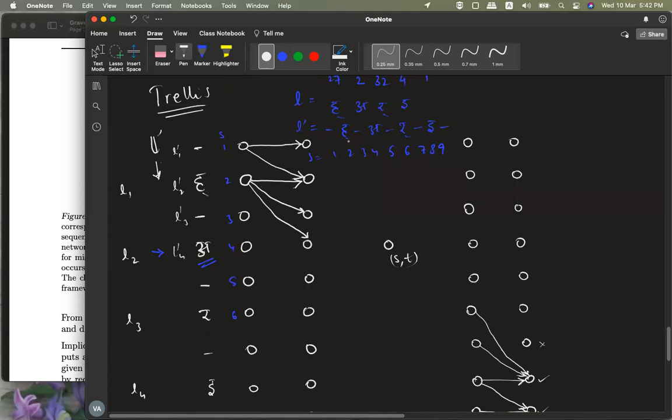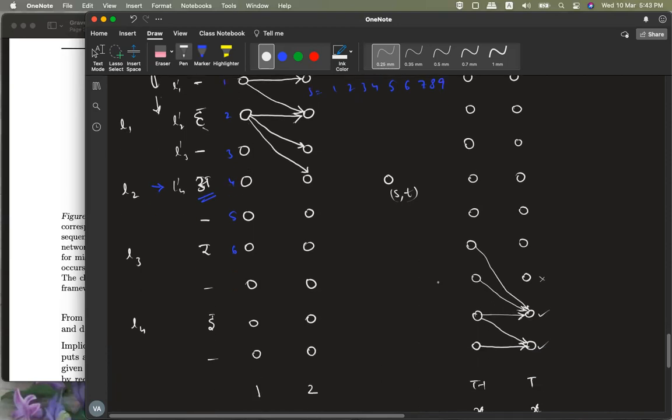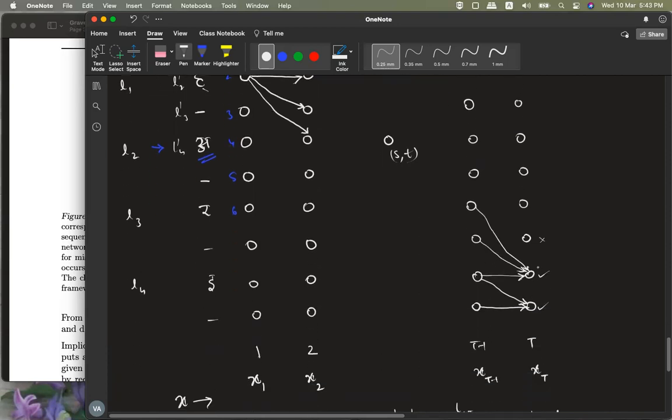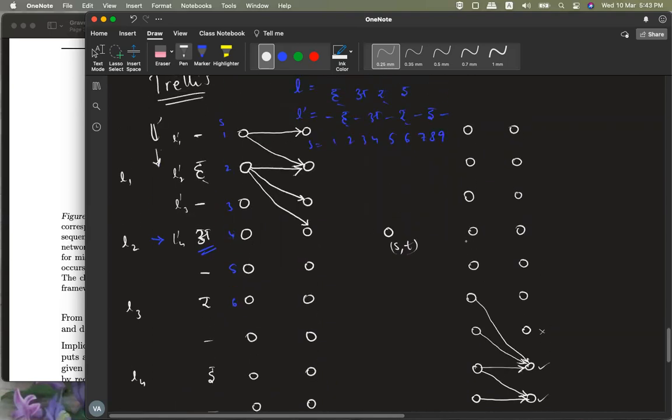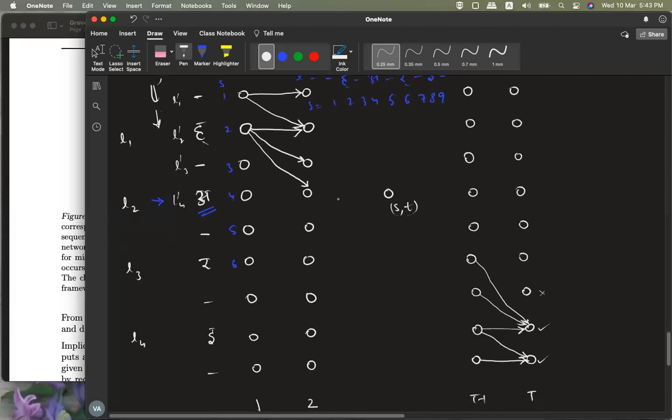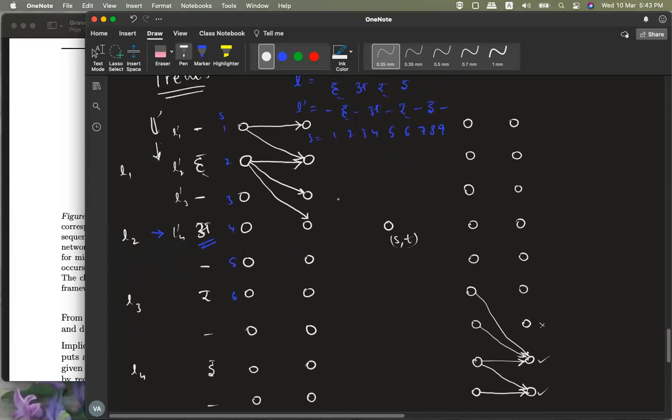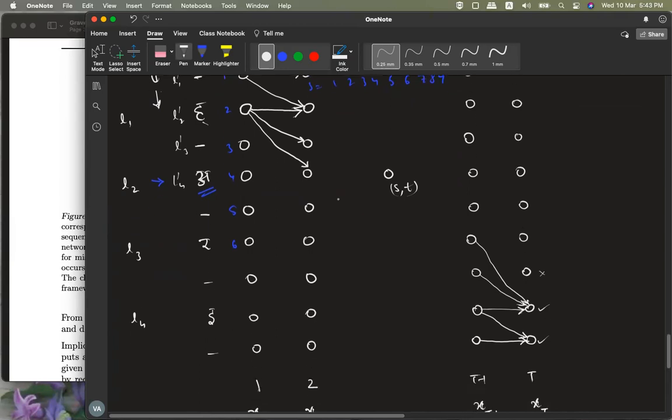Because I know the sequence of my labels. The sequence of z is known, which is her, r, e. So I can stay at her state for whatever time I want. I can stay at a blank for whatever time I want. But ultimately, when I finish this trellis, I must be able to reach this node or this node, having covered it in this fashion. So my transitions are restricted, are restrained. So that is why my probabilities can be computed in a recursive way or in an iterative way very easily.